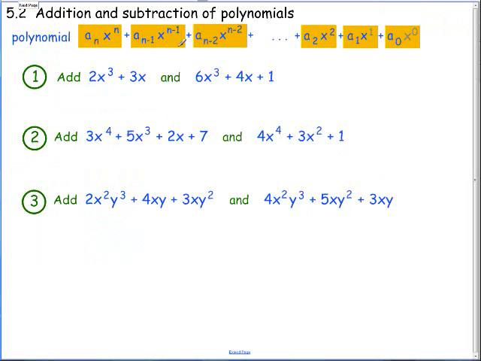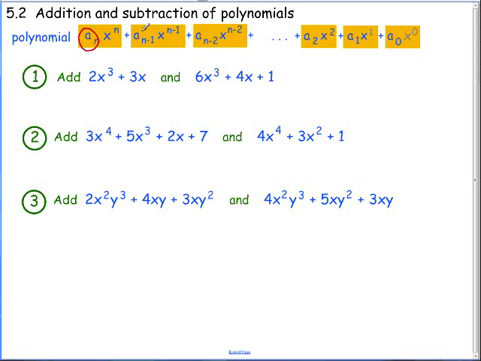Addition and subtraction of polynomials. Just a quick review here of what a polynomial is. It is a variable raised to a power, which may have other terms added to it, which are very similar. What are the differences? The differences are in the coefficients.